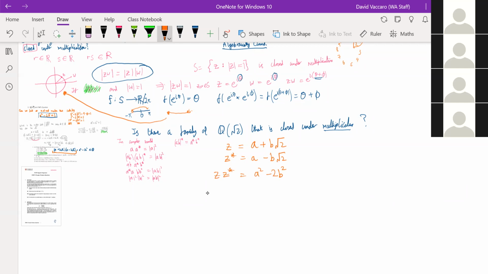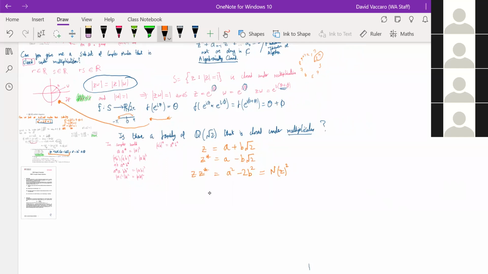And I could call that the modulus. So I could call this n of z all squared. I just want to use n rather than modulus because for real numbers, the modulus means something different.